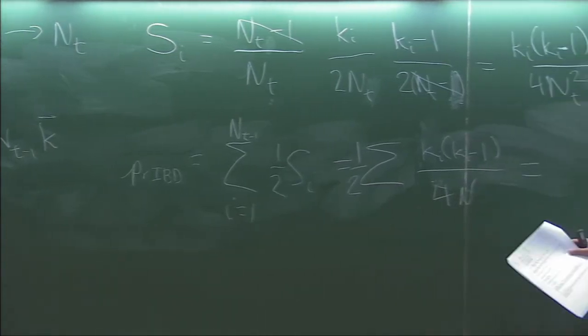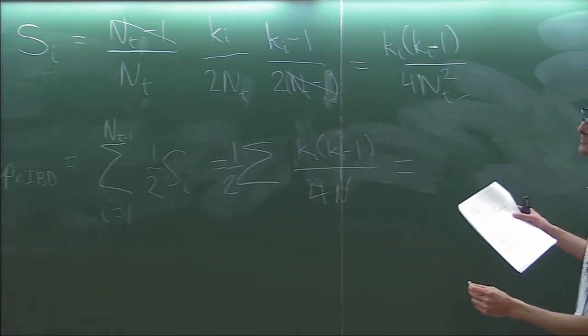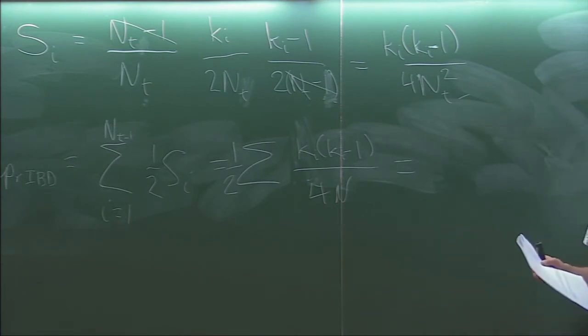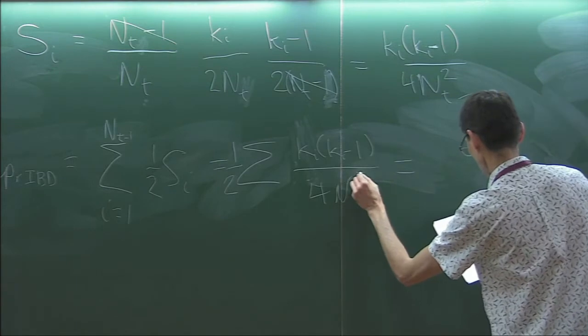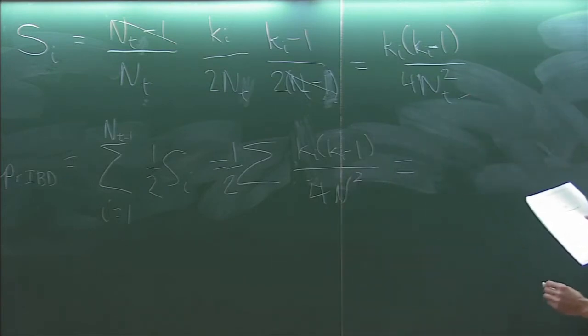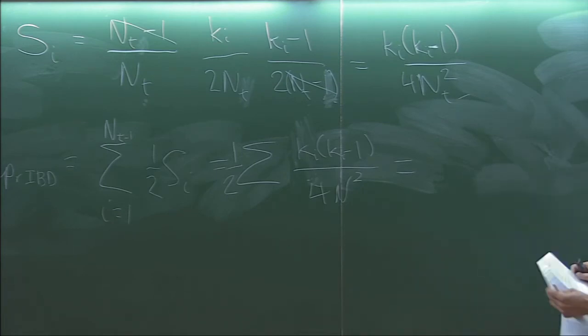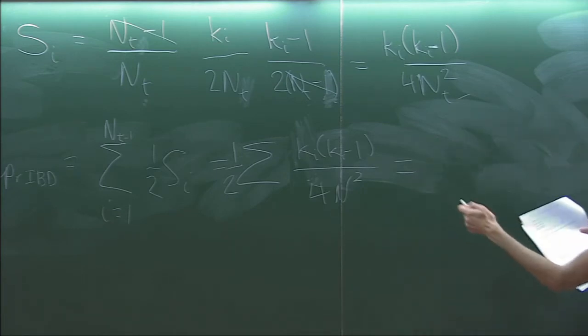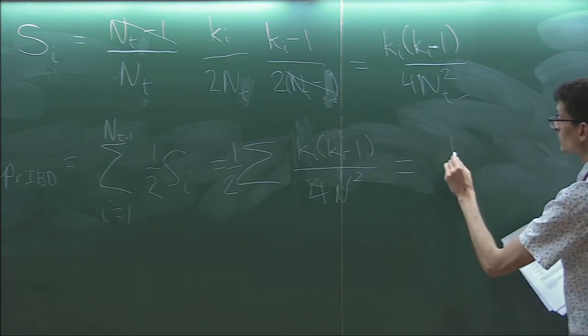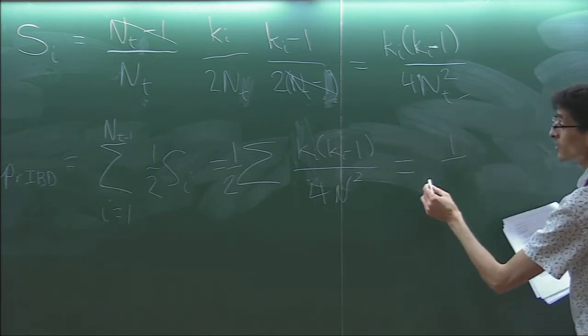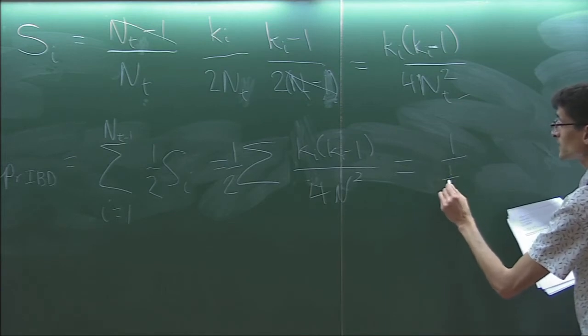Is there a question? Yes, thank you. I just want to make sure I'm not skipping a step that I wanted to show. Okay, so we expand this out, and we get 1/2.